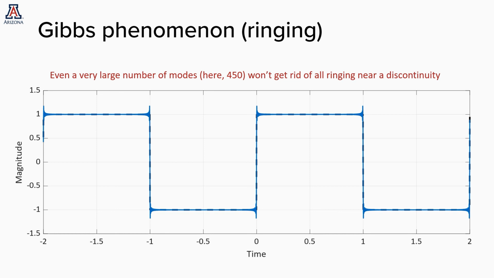And it's important to introduce this here because later when we talk about trying to implement these things practically, we're going to have to be careful about how we implement our analysis methods, because what's going to end up happening is we're going to artificially introduce discontinuities into our signal, and we're going to end up with this ringing that can throw off our answer. So keep that in mind as we move on through the remainder of this unit.